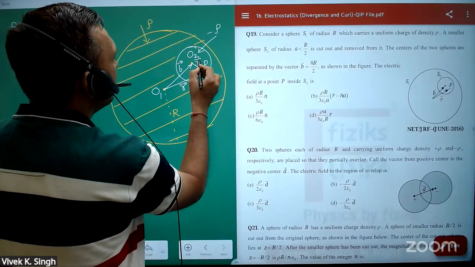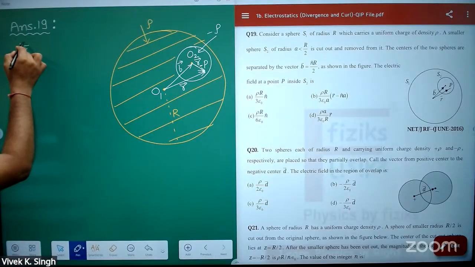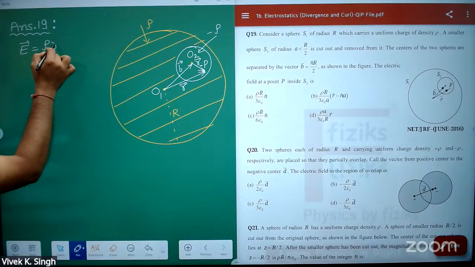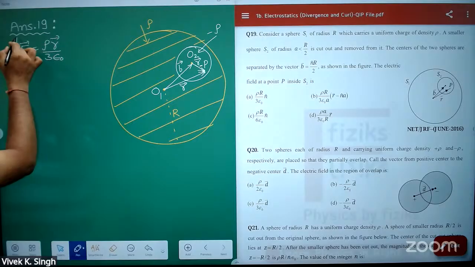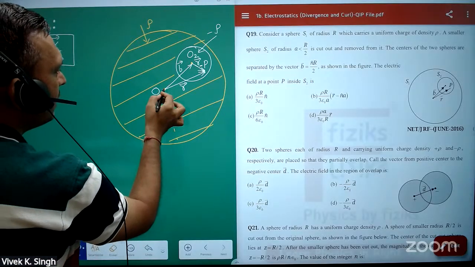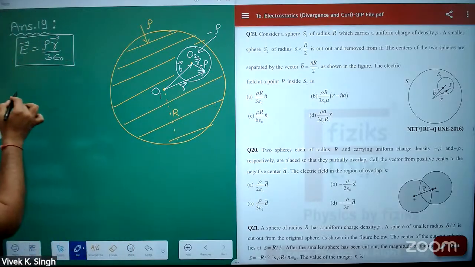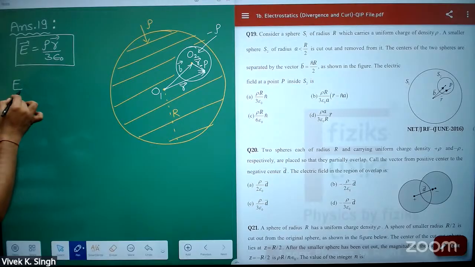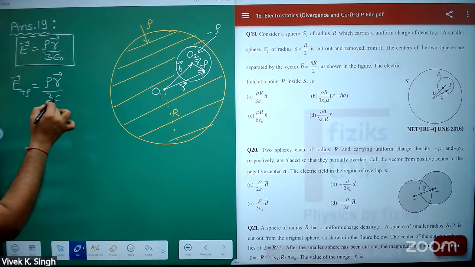So again, we will use the electric field due to uniformly charged dielectric sphere. You know this formula I have written, rho r by 3 epsilon naught, because it's uniformly charged. So I'm going to use this relation. So what will be electric field at point P due to plus rho? E plus rho is given by same rho r by 3 epsilon naught.